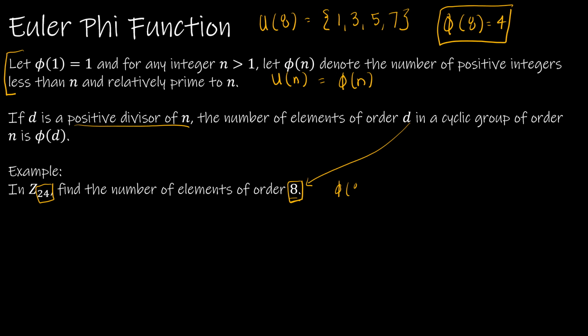So again, phi of 8 is 4, so it says find the number of elements of order 8. There are 4 elements. Now, does it say how to find them?